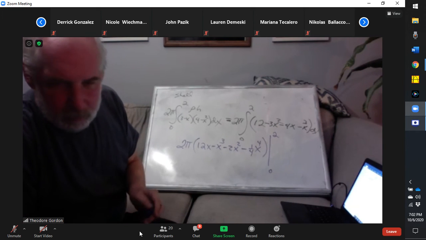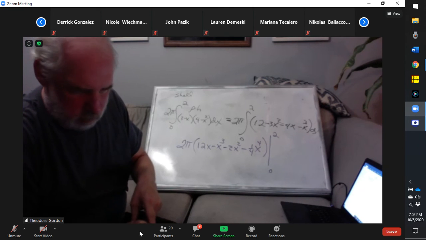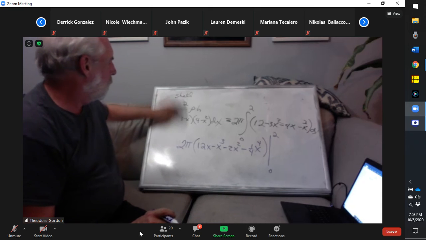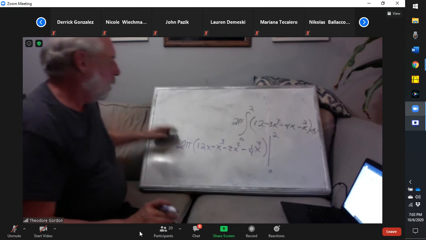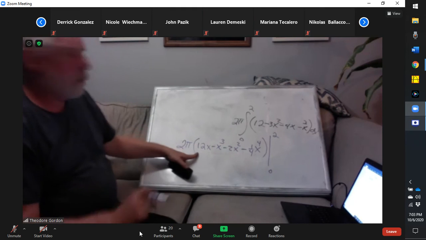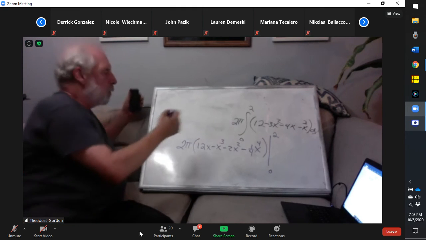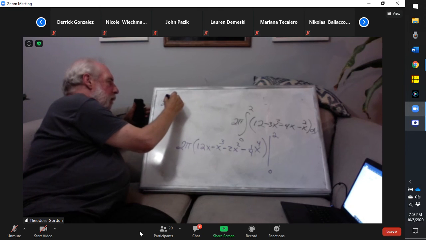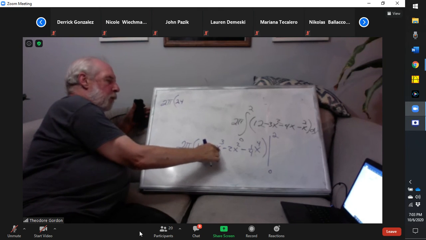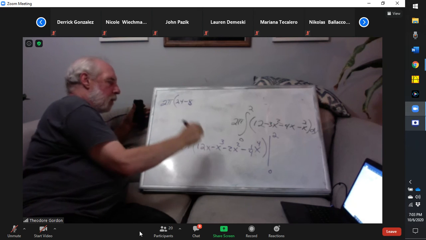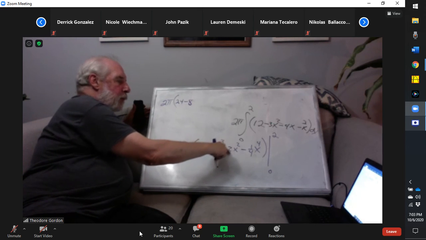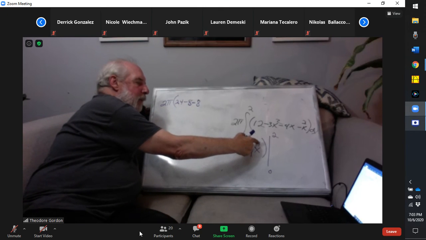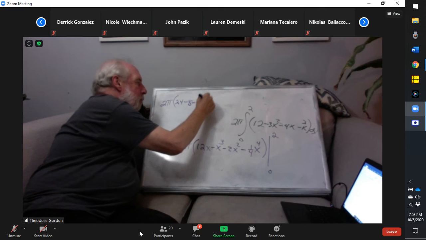All that's left is to do the arithmetic, which is where I usually mess up. So we put 0 in here. These are all zeros, so I don't have to worry about that. So we put 2 in there. 12 times 2 is 24. 2 cubed is 8. 2 squared is 4 times negative 2 is negative 8. 2 to the 4th is 16, divide by 4, that gives me negative 4.